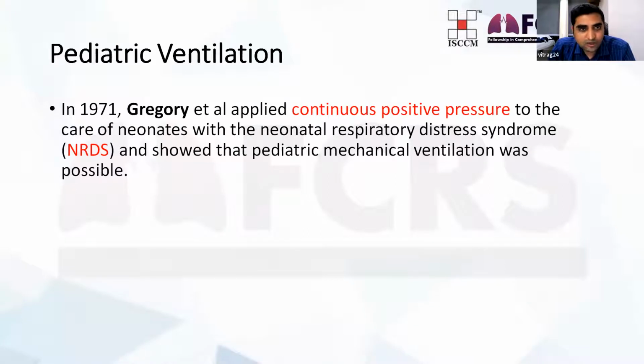Now this was all for adult patients. In 1971, Gregory et al. applied continuous positive pressure to the care of neonates with neonatal respiratory distress syndrome and showed that pediatric mechanical ventilation was possible. So here started the history of ventilators in the neonatal and pediatric population.